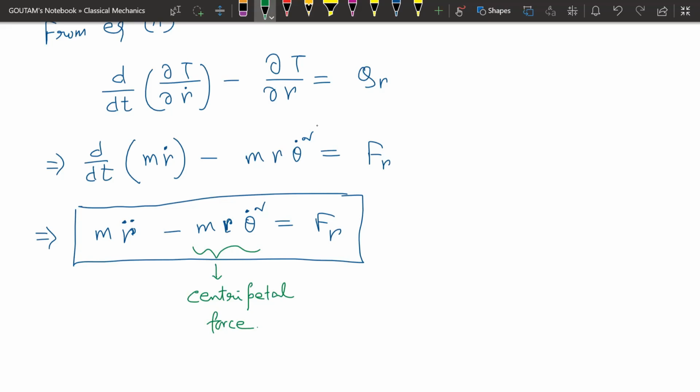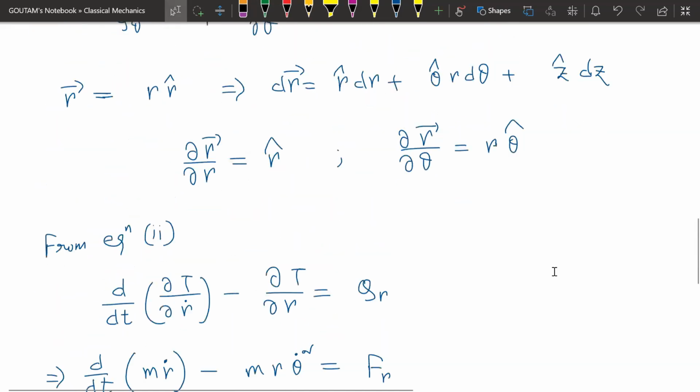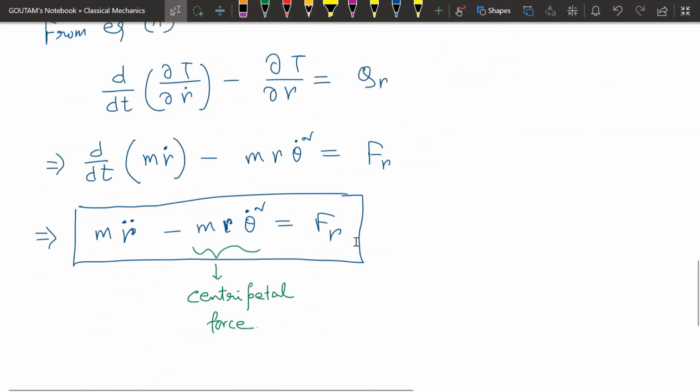We changed the coordinate from Cartesian to plane polar coordinates, and we are in a non-inertial frame of reference. As a result, we are getting this centripetal force term. So we cannot directly use Newton's second law of motion. We need to consider the centripetal force, which is a kind of pseudo force. Okay, so this is the equation of motion along the r direction.